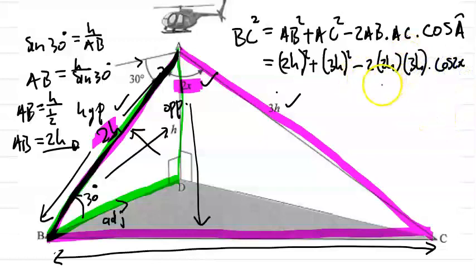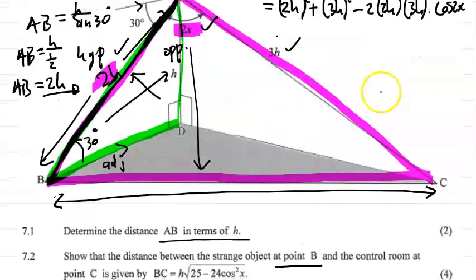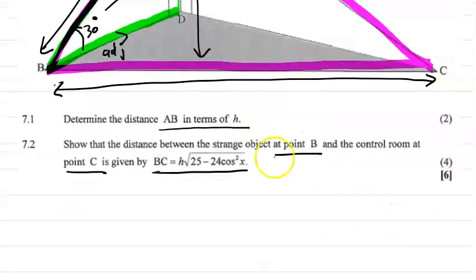And then we can simplify it, and we should get BC equals h times the square root of 25 minus 24 cos squared x.